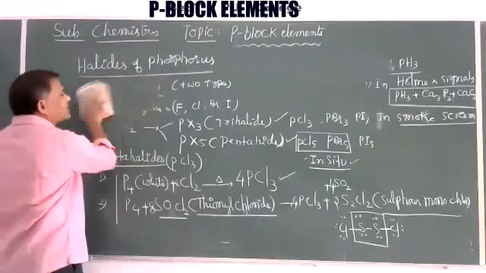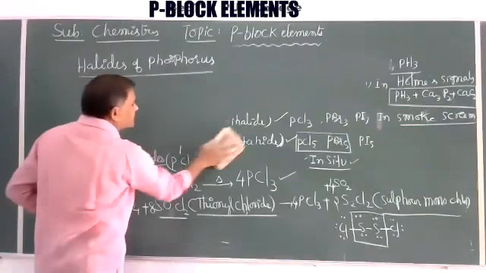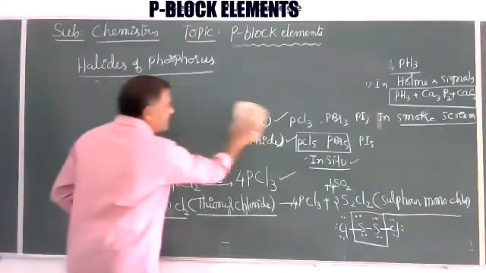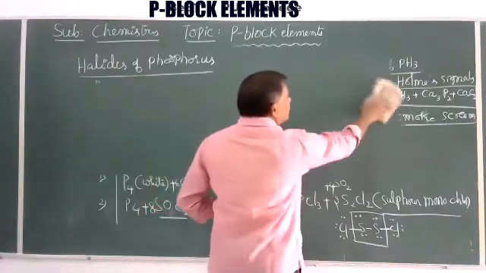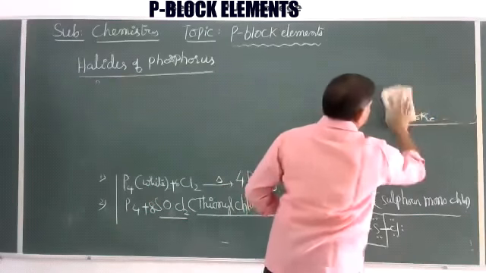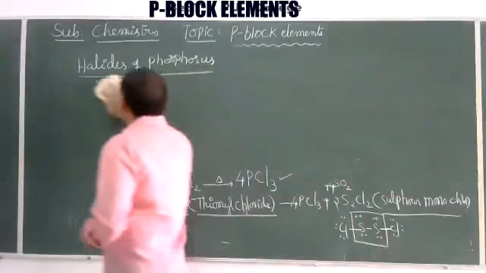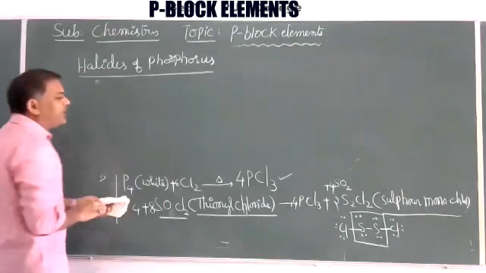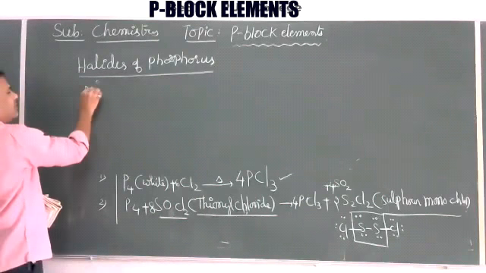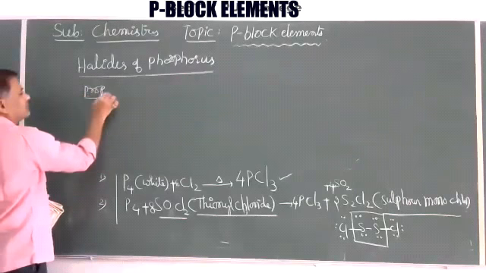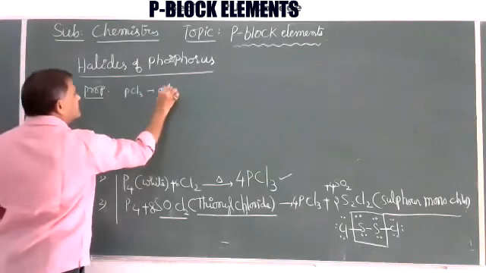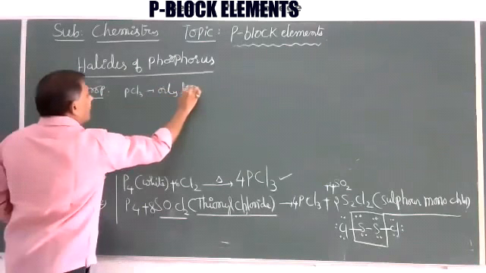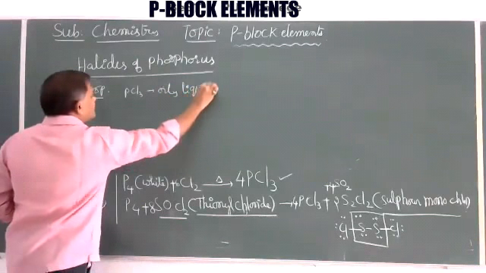Now the obtained phosphorus trichloride easily hydrolyzes, it gives the corresponding phosphorus acid.